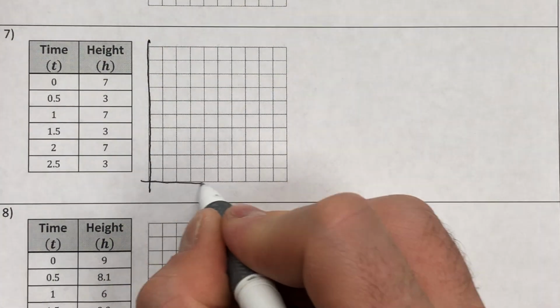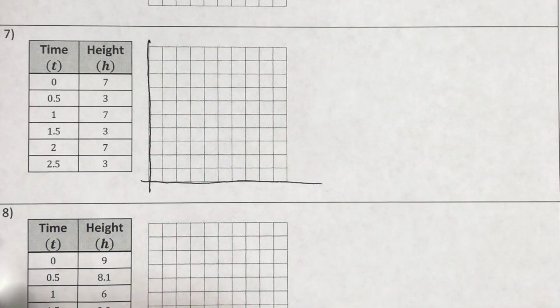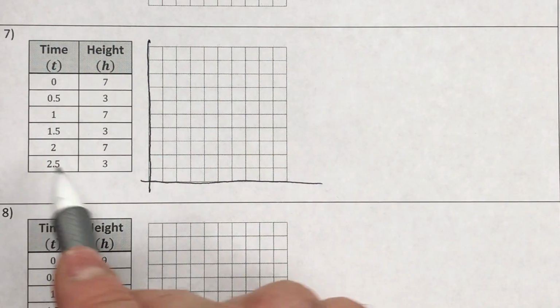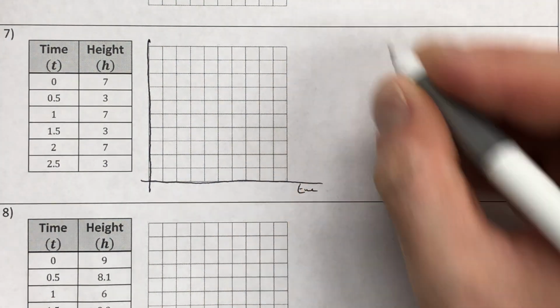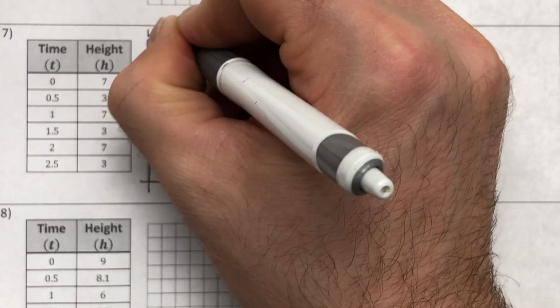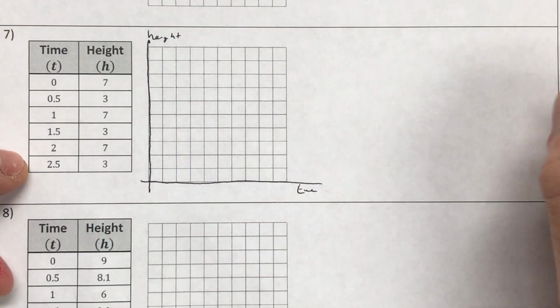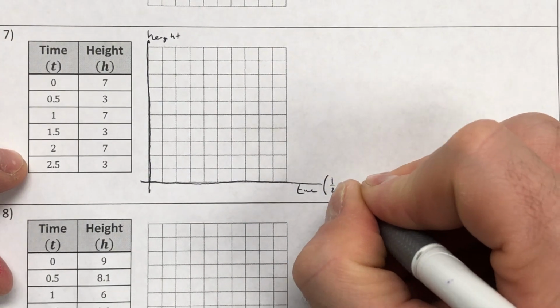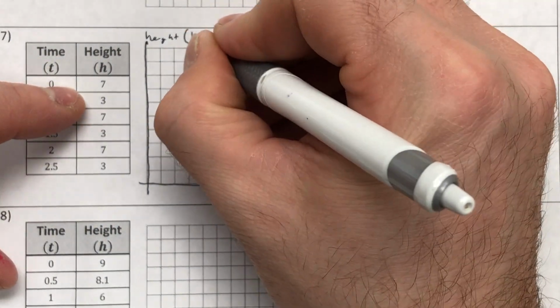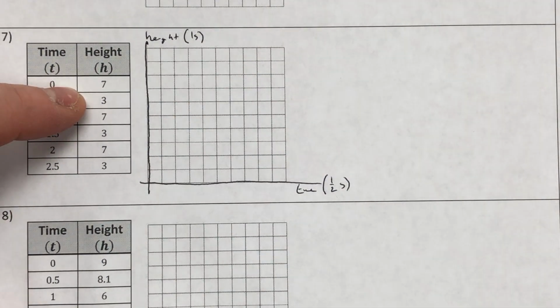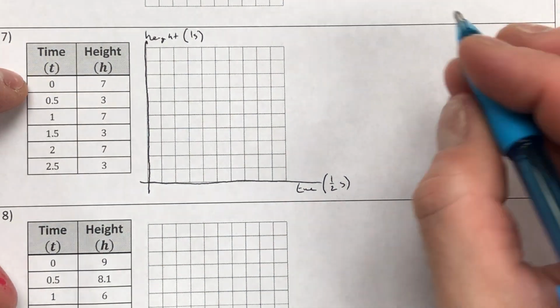Number 7, the first thing we're going to be doing is graphing an axis. I see nothing but positive numbers, so I'm going to go ahead and put my axis over here. I know I have time and I have height. Time is relatively short, so I'm going to count this in halves. Height, I'm going up and down to 7, so I'm just going to count this by ones. Plot some values here.